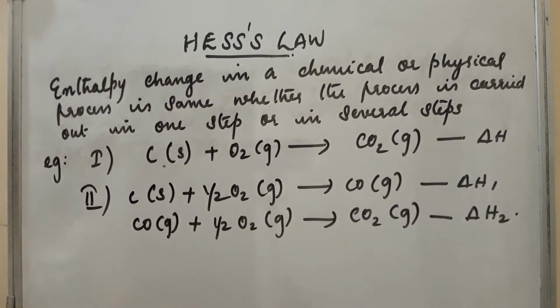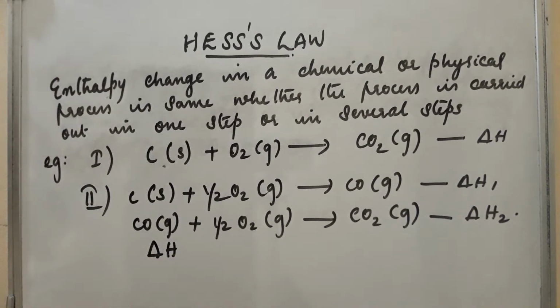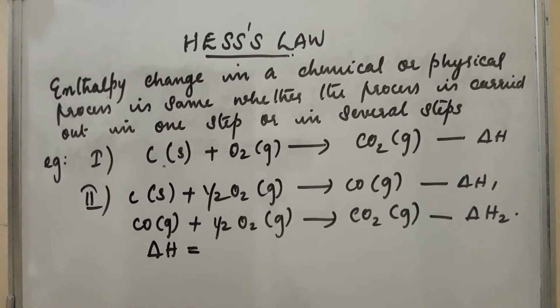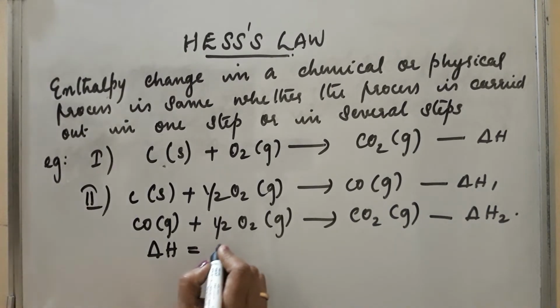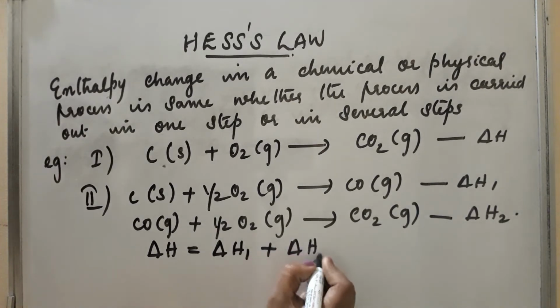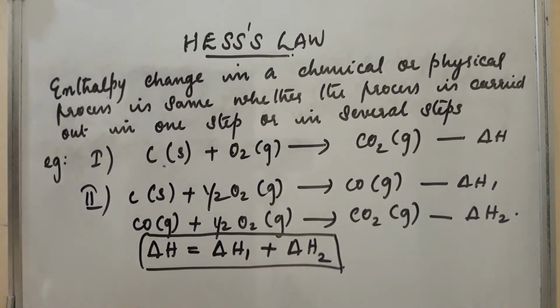According to Hess's law, delta H, the standard enthalpy change of the reaction, will be equal to the sum of the standard enthalpies of these intermediate reactions. That is delta H1 plus delta H2. This is the relation.